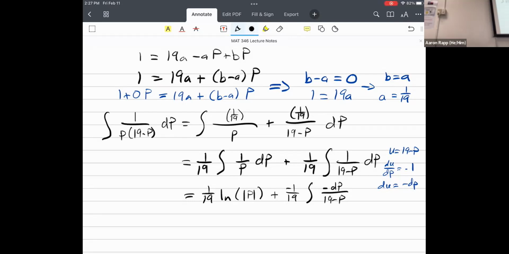Get this. Negative dp divided by 19 minus p, its antiderivative. Now that's set up where I have in the bottom the function that's in the denominator, its derivative in the numerator. So when I integrate it, it becomes the natural log of 19 minus p.